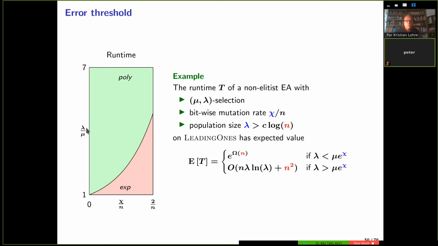If lambda over mu is close to 1, we're getting closer to uniform selection, so low selective pressure. If the ratio lambda over mu is below a certain threshold, then we go from polynomial to exponential runtime. So this is a sharp threshold.